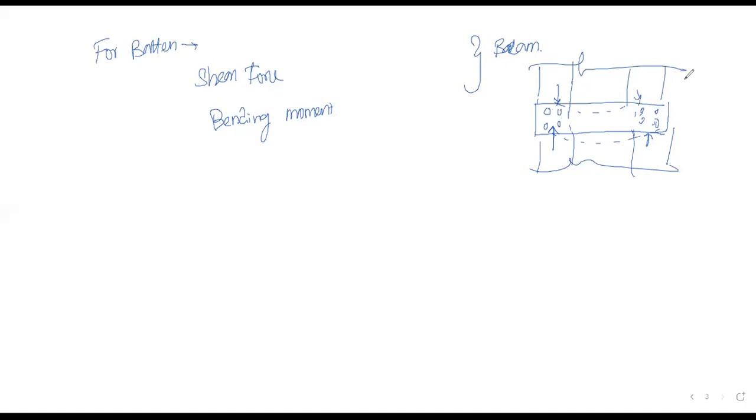Next, as it is, the design procedure. Here is the page number for batten design. For batten design in IS 800:2007, from page number 50 to 52 is for batten design.